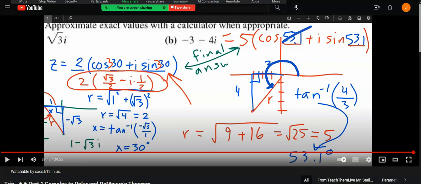I'm lost on why I'm using 53.1 when it should be 233.1 for both of these. What kind of off day was Harry having that he would mess things up so badly for my students? Oh, my goodness. This is ridiculous.